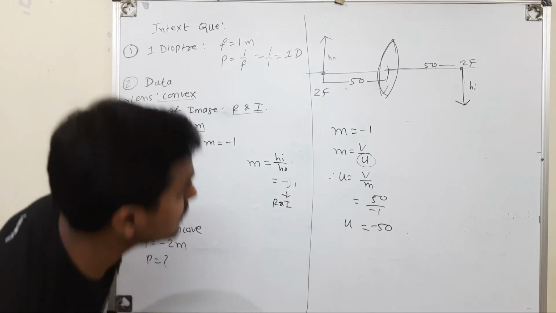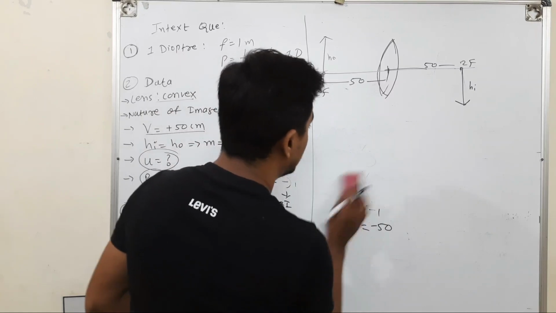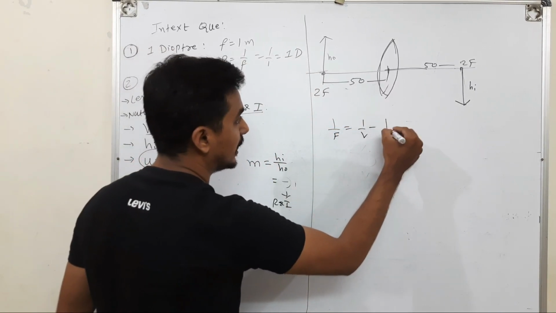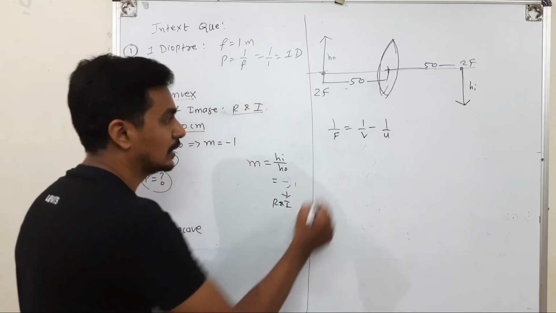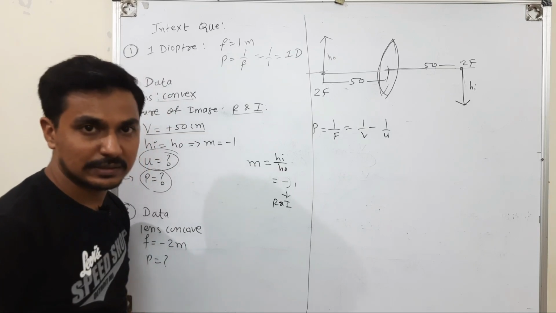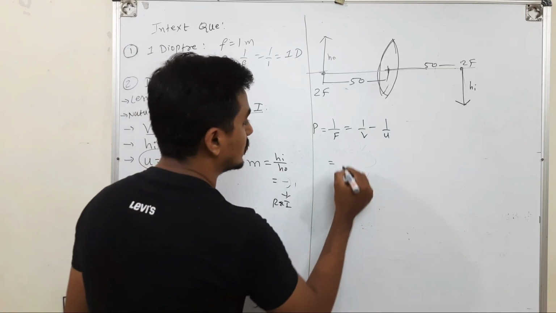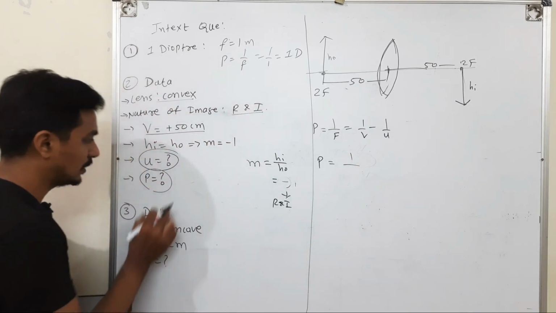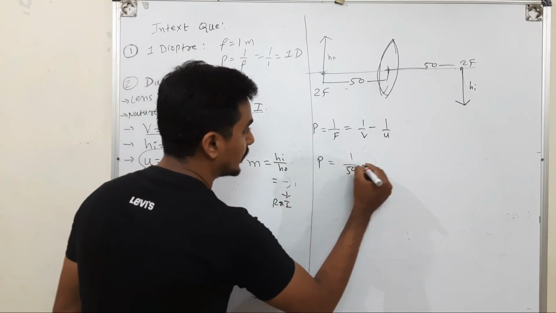Now we know that 1 by f is equal to 1 by v minus 1 by u. This is the lens formula. So 1 by f is the power. So P is equal to 1 by v minus 1 by u. What is v? v is 50.